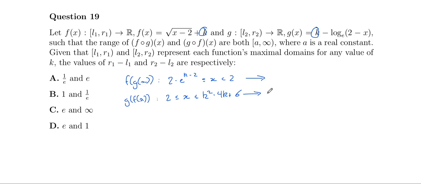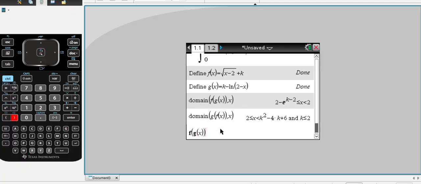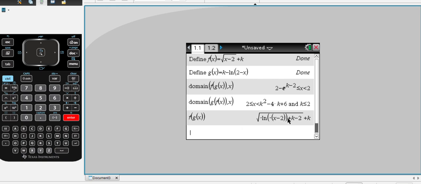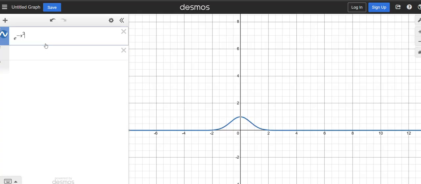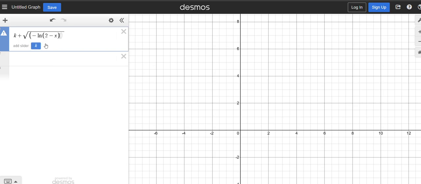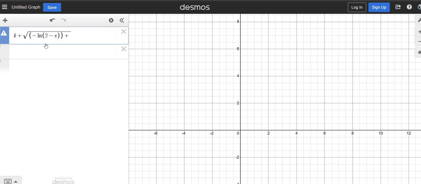To do this, I'm going to try and show you on Desmos. First of all, k plus square root of negative ln 2 minus x plus a minus 2.